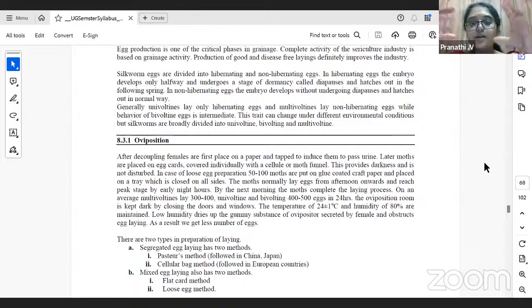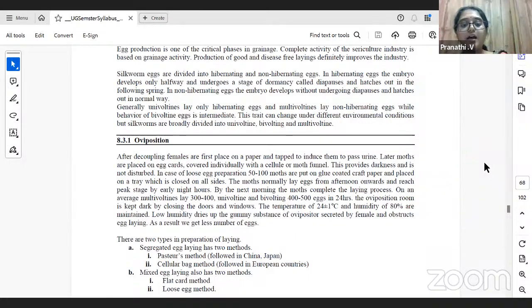Loose egg is produced wherein 550 to 600 moths are put on a glue-coated craft paper placed on a tray which is closed on all sides. The moths normally lay eggs from around afternoon onwards, and early night is the peak stage. Multivoltines lay around 300 to 400, univoltine and bivoltine lay around 400 to 500 eggs in 24 hours.